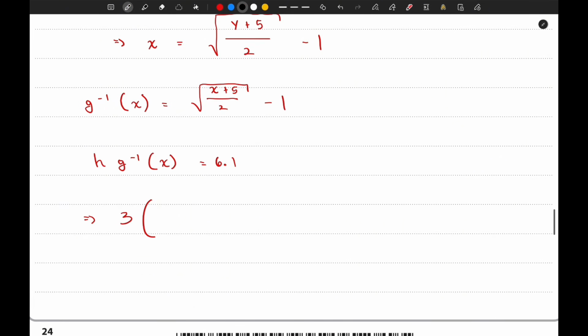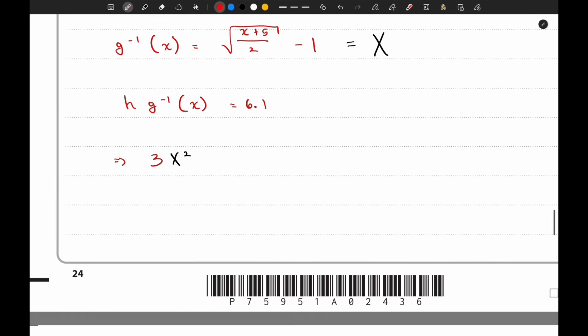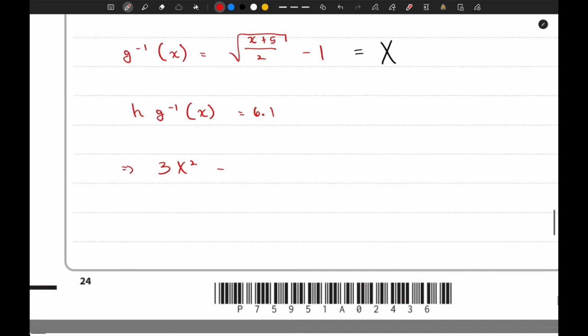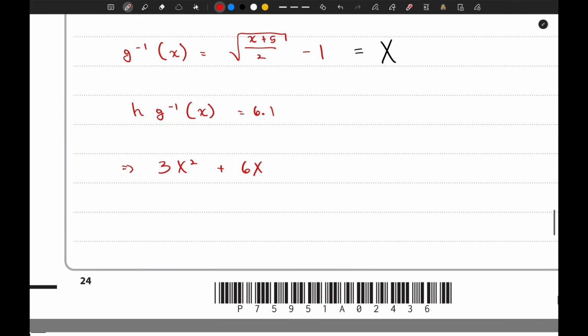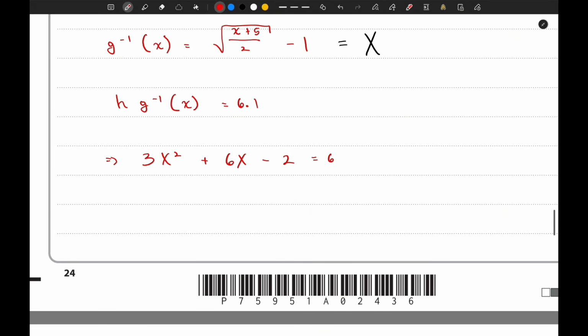Let's just assume that this g⁻¹(x) is, let's say, x, in order to make the calculation much easier. So that's 3x² + 6x - 2 equals 6.1.